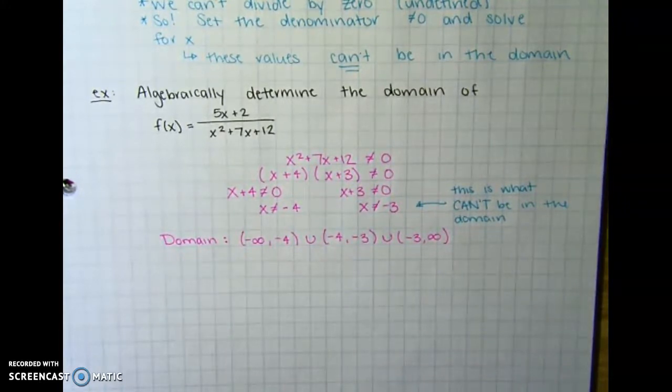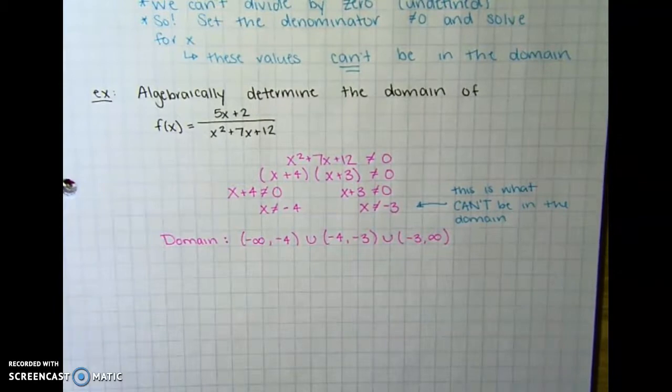Okay, so there's one more function we're going to talk about today, how to algebraically find the domain. See if you remember it. It is the radical function. I almost said rational again. We already did that.